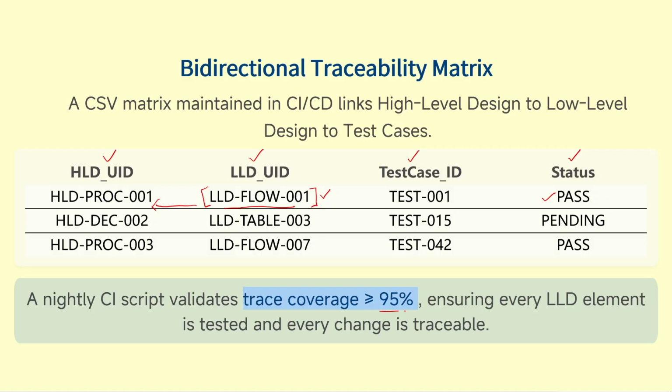Normally, the continuous integration scripts will be evaluated daily after working hours, and we have to make sure that the traceability coverage is more than 95%. If the percentage is lower, it means you have an orphan process that is not linked to any HLD, which is actually a waste of time. When the percentage is higher, it means we have the traceability in the process and we know to which high level design it is going to be added.